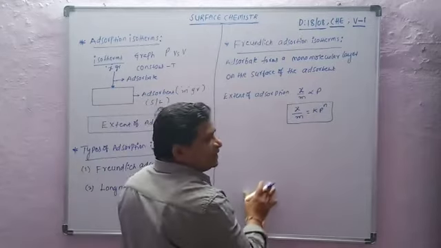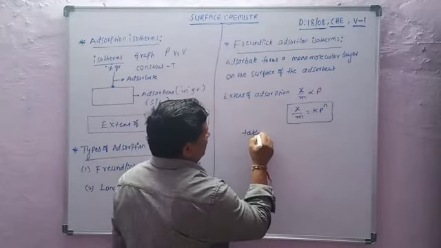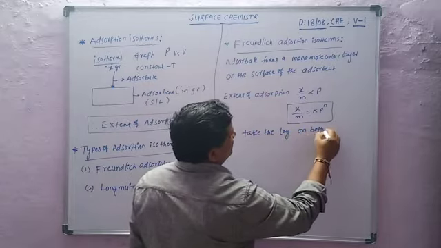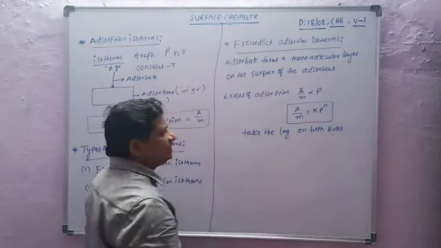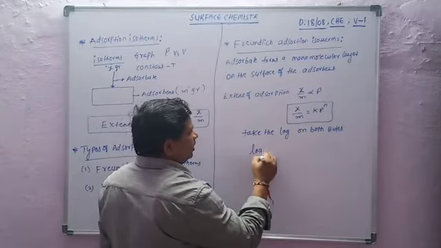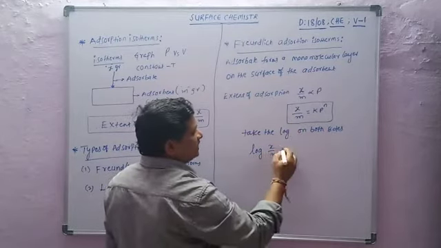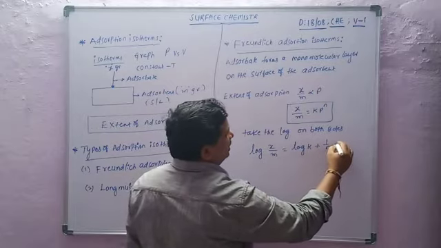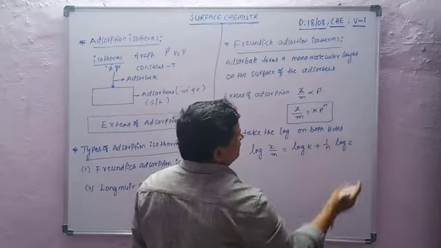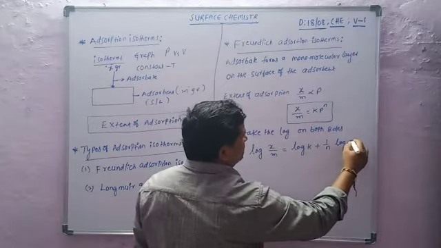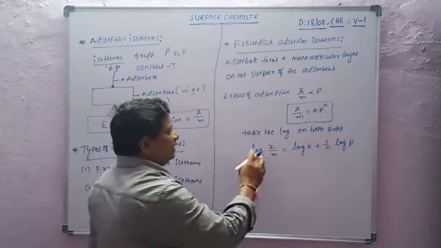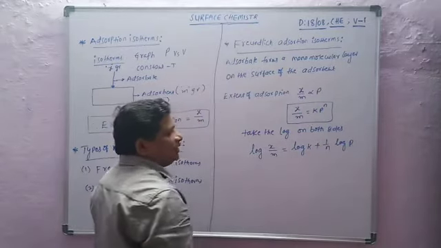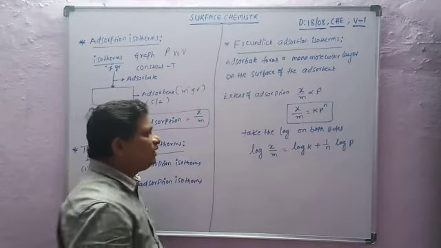Now take the logarithm on both sides. Log x by m equals log k plus 1 by n log p. This is similar to y equals mx plus c.